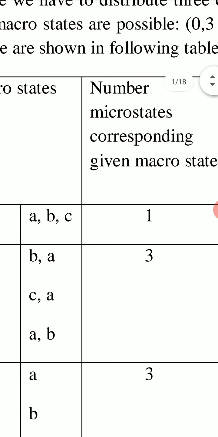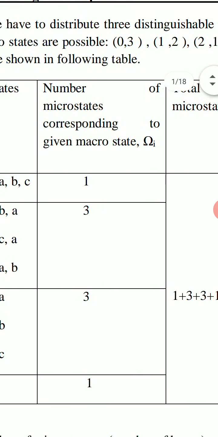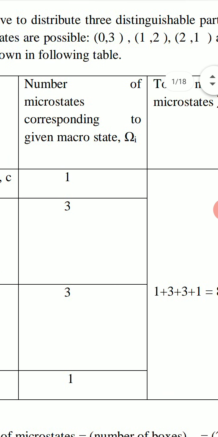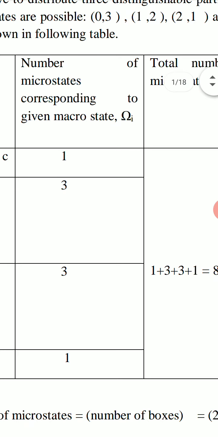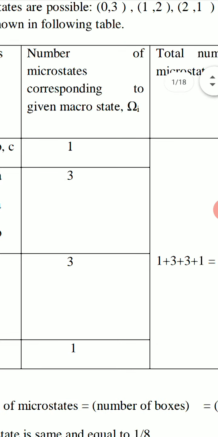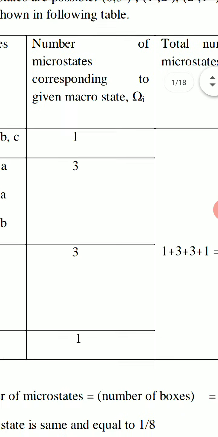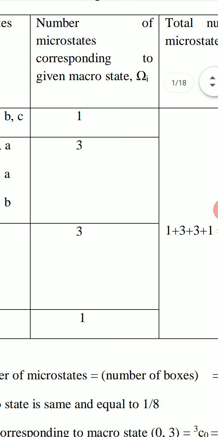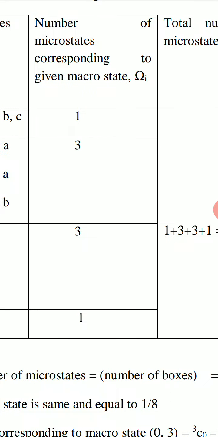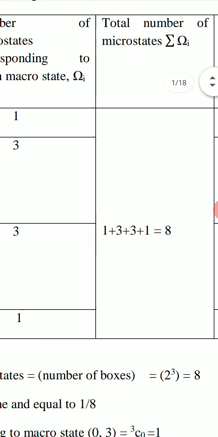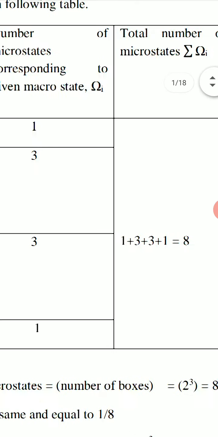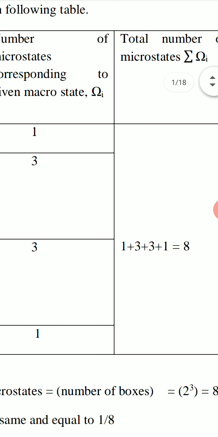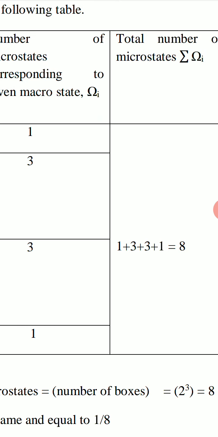So in this third column we write omega i, number of microstates corresponding to given macrostate. And for these 4 macrostates we have number of microstates as 1, 3, 3, 1. And in next column we write total number of microstates, that is summation omega i, and it is 1 plus 3 plus 3 plus 1 and it is equal to 8.